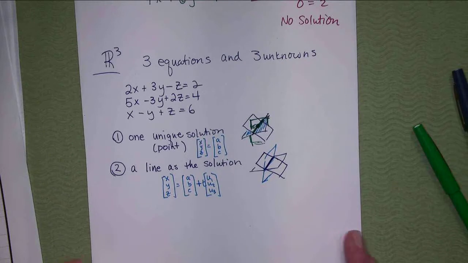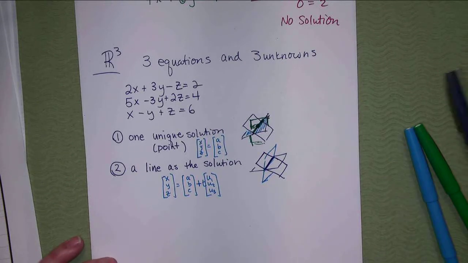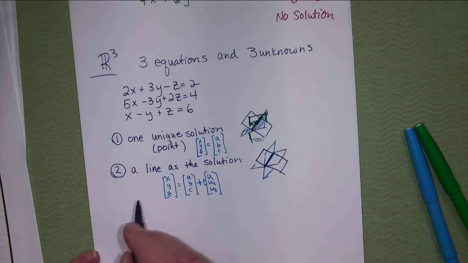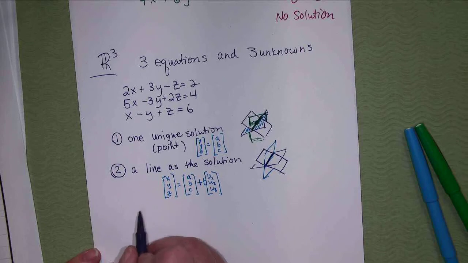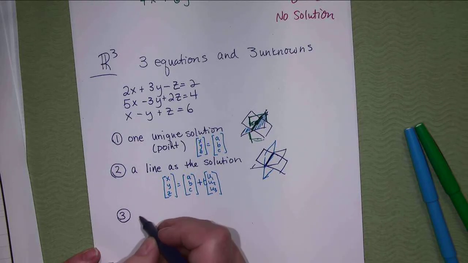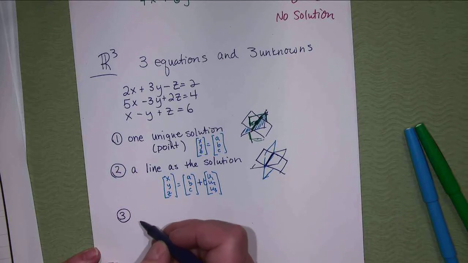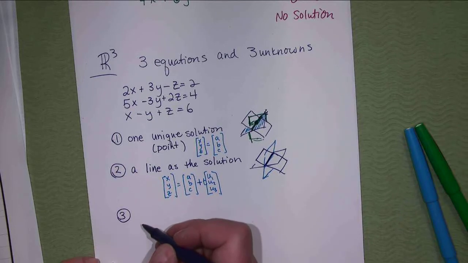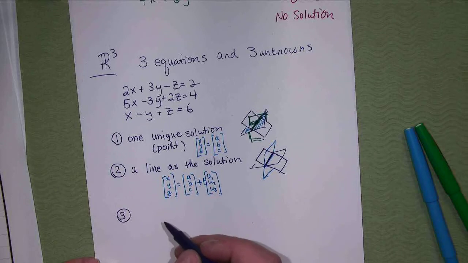And then what other type of solution could we have? Yeah, how could a plane be the solution? Yeah, and then all 3 would have to be the same. So that could happen. If the plane is the solution, that means all 3 planes were the same plane, right?